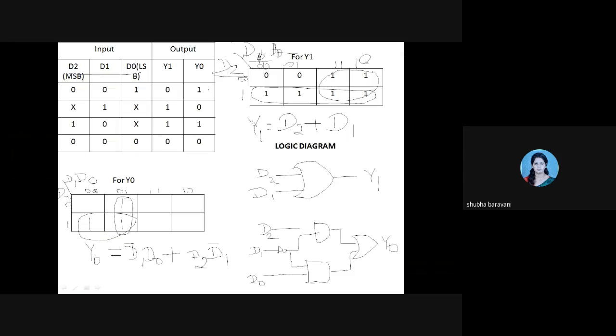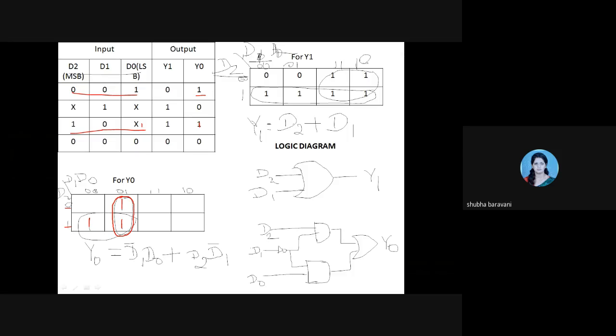See, y naught is 1 first for 0, 0, 1. So मैंने क्या किया? 0, 0, 1 में 1 डाला. Then I have y naught is 1 for 1, 0, 0. So 1, 0, 0 I have put 1 and 1, 0, 1. 1, 0, 1 I have put 1.